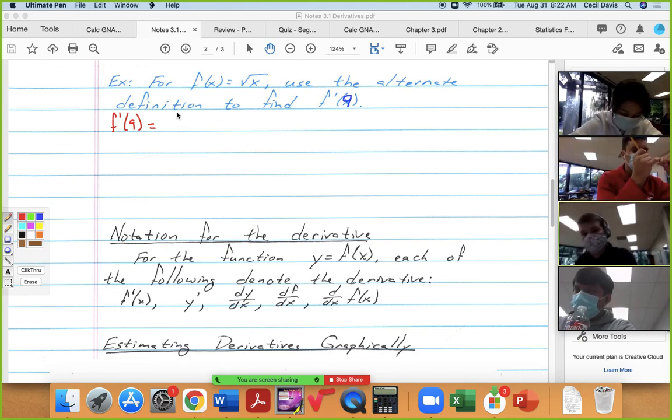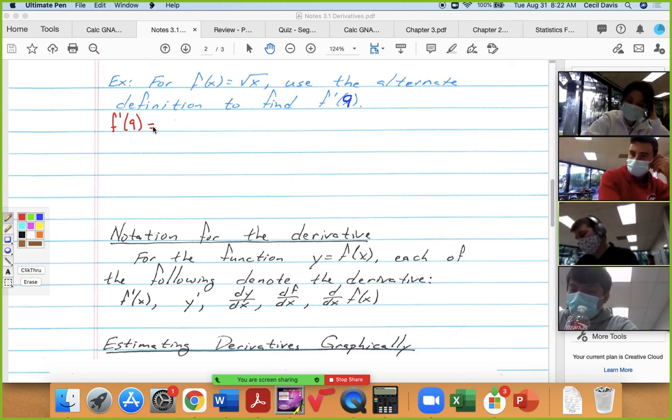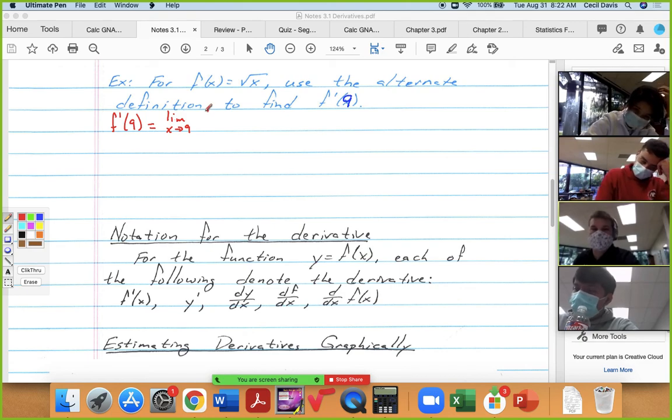So it's going to be the limit as x approaches 9 of f of x minus f at 9 over x minus 9.